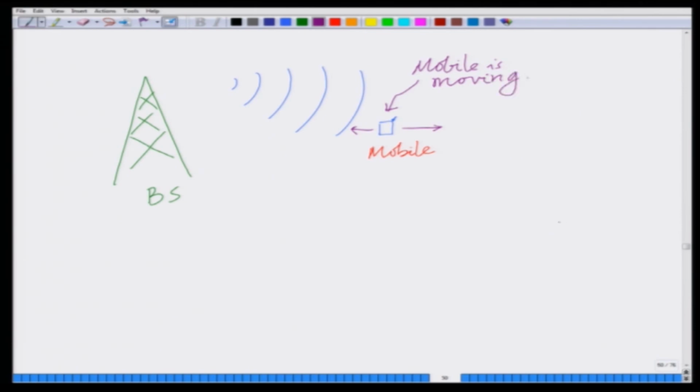So, the mobile is moving, and this motion leads to a change in the frequency of the signal received at the mobile.